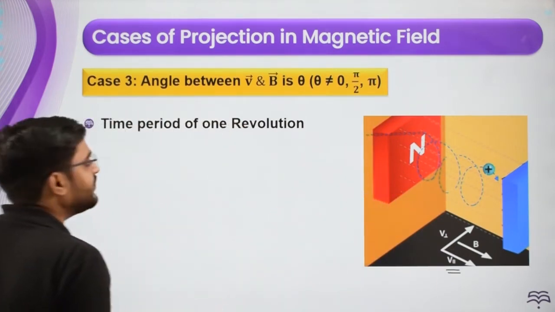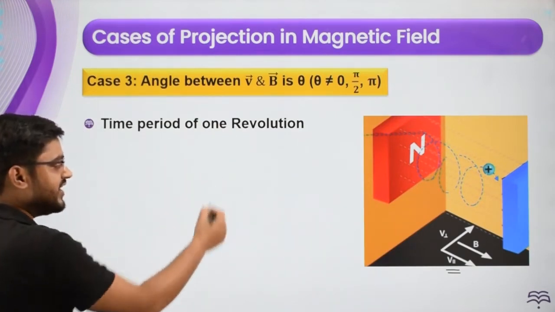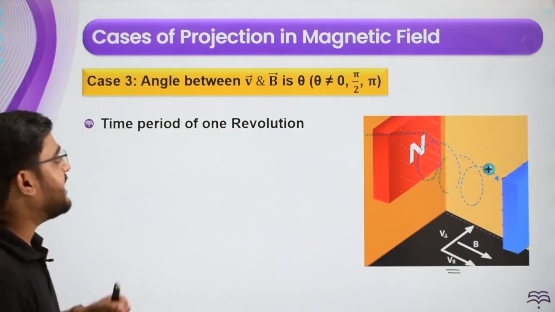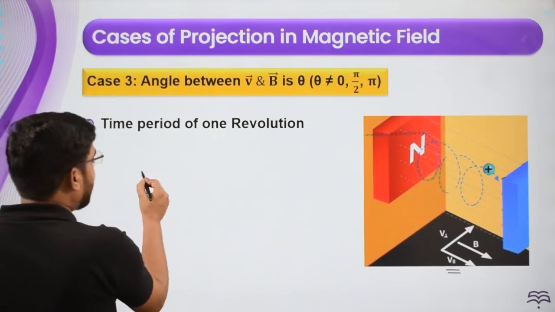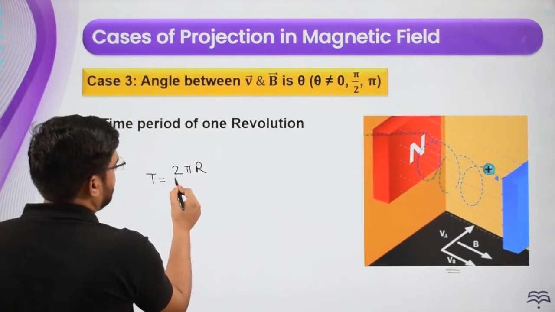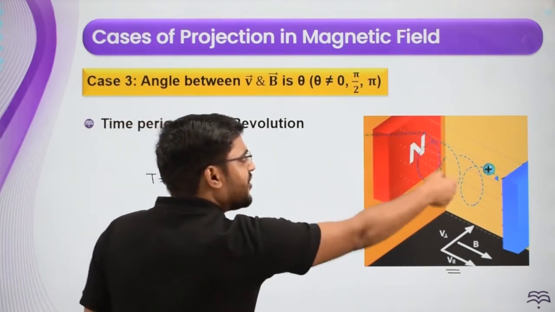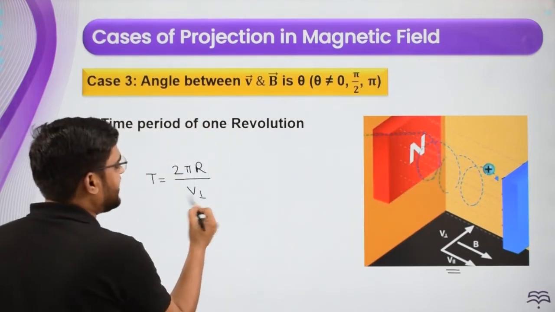So we'll say the time period is the time taken for one complete circular motion. So time period is nothing but 2 pi r, that is a distance, divided by the speed with which it is performing the circular motion, that is v perpendicular.